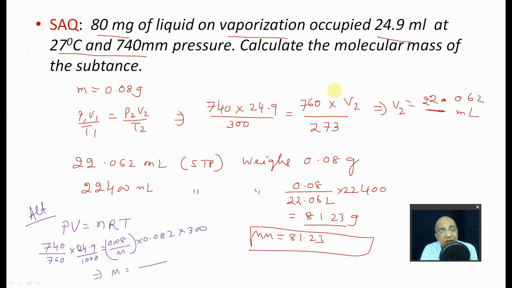So the answers in the first or second place of decimal will obviously change, right? So whichever method you like, the vapor density method, or the GMB method that we did, or the PV equal to nRT method, whatever you use, you will reach the same conclusion. The concept is the same.